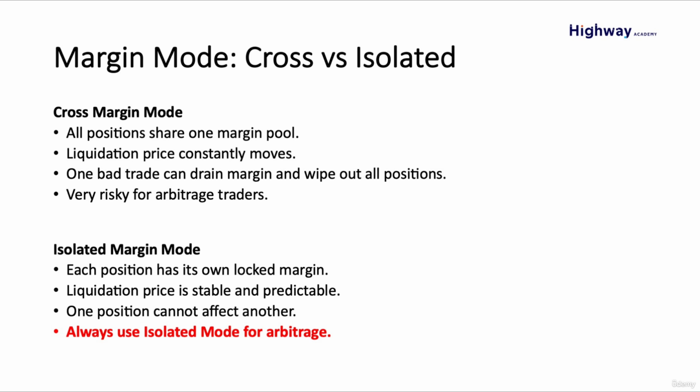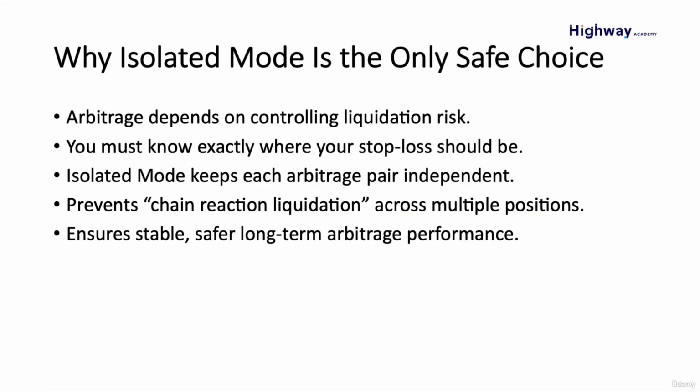Now let's talk about isolated mode. In isolated mode, every position has its own dedicated margin, and this margin is locked inside that specific trade. If one arbitrage pair starts losing money, only that pair is affected. Your other pairs remain untouched. The liquidation price for each pair stays fixed and predictable because the margin cannot move around. And even if one pair is liquidated, the rest of your account stays completely safe.